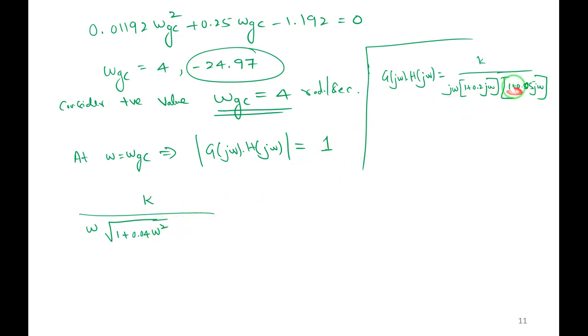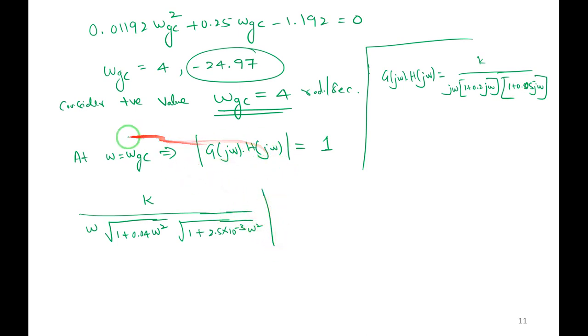Next, the magnitude of 1 plus 0.05 j omega is the root of x square plus y square, so 1 square plus 0.05 square omega square. 0.05 square I am getting as 2.5 into 10 to the power of minus 3.